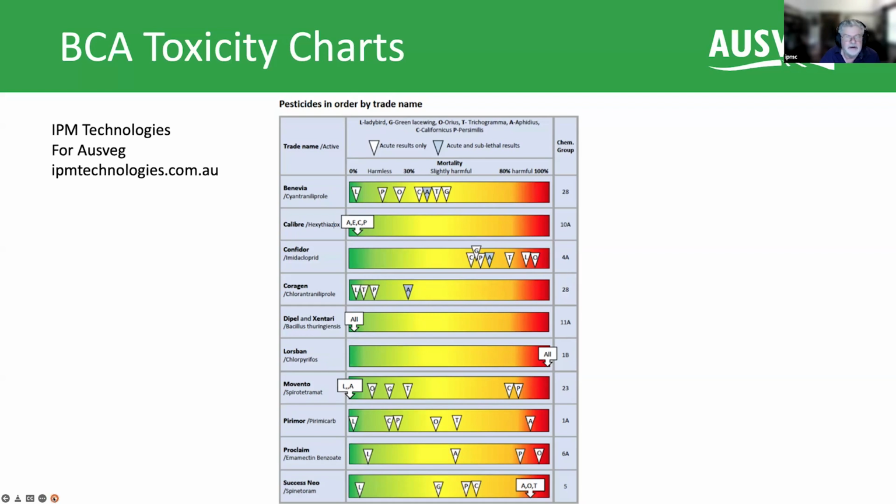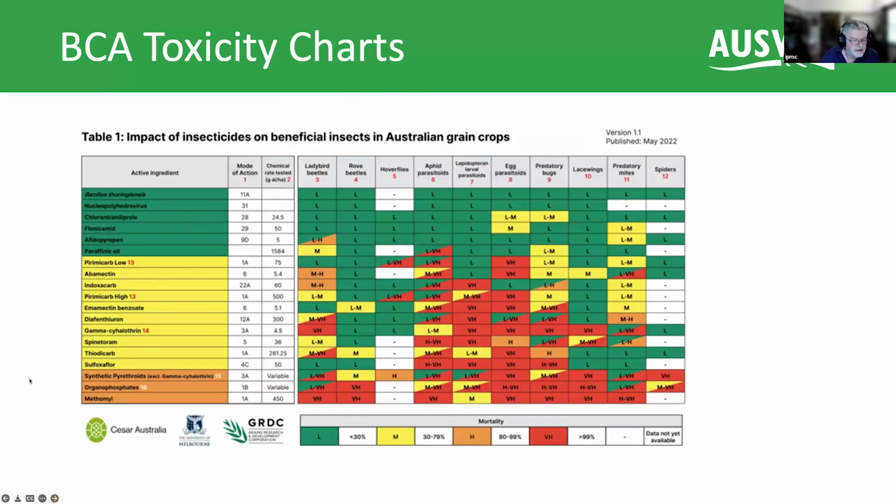Another example of this kind of chart, this one I think was put together by Cesar for the grain industry, but same thing, it lists the chemical active ingredients and then a list of the most commonly and most useful beneficials and what the effect of those chemicals are on those beneficials.